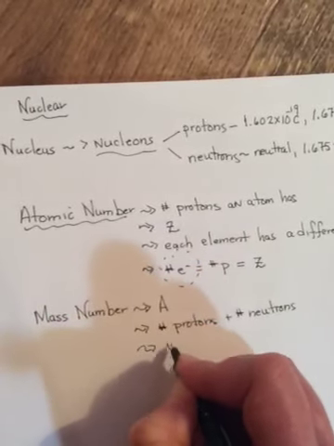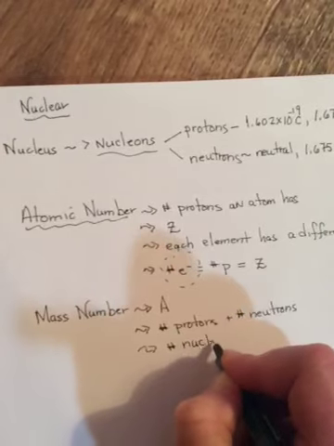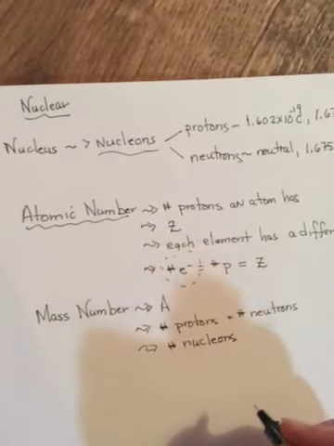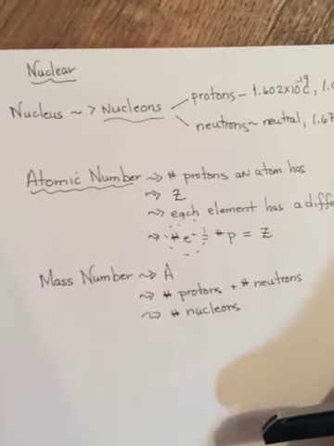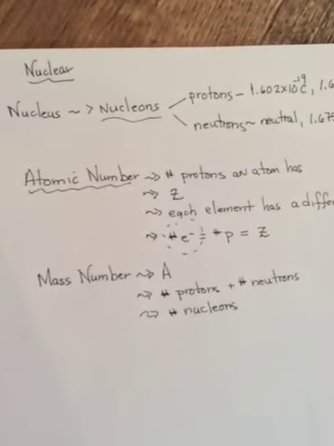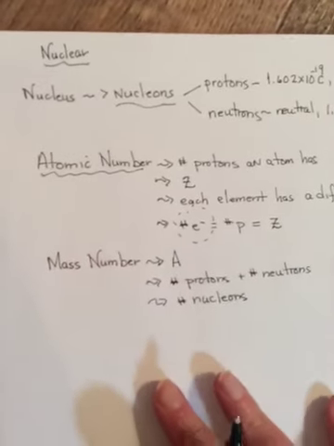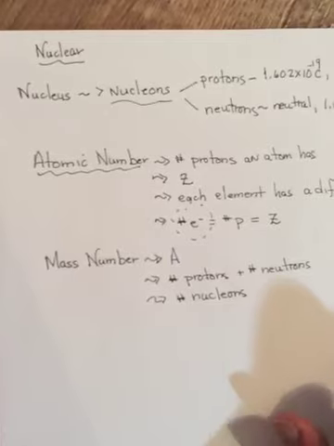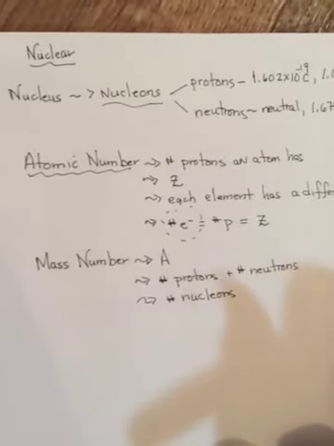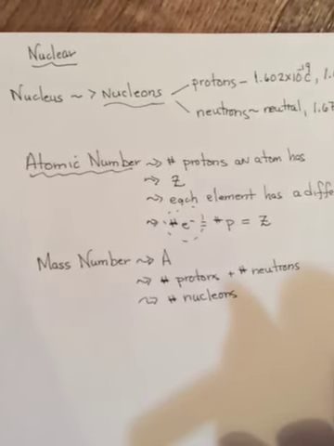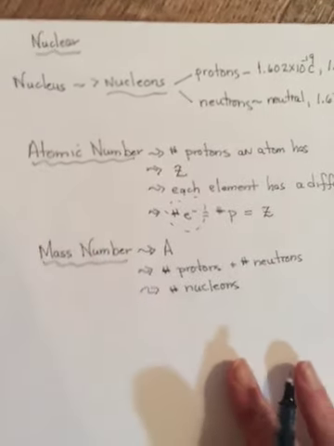In other words, it's the number of nucleons. The mass number will always be equal to or greater than the atomic number. It can never be less than, but it could be equal to. The hydrogen atom is the only atom that, in some of its isotopes, doesn't have a neutron. And so then the mass number and the atomic number would be equal.